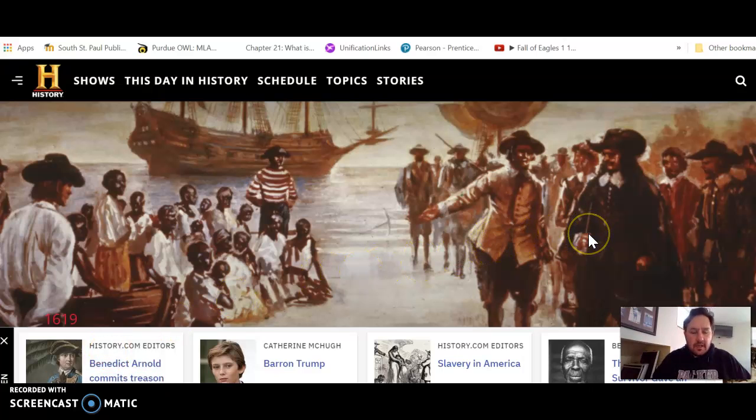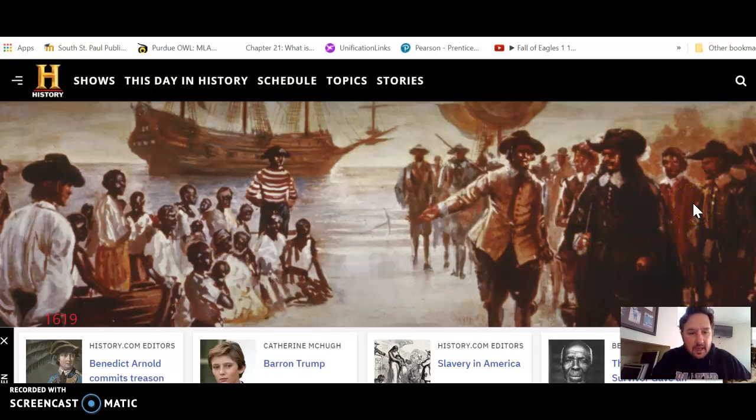1619. The image that you're seeing is an image of the first African slaves arriving in the New World, and that was in 1619. These Africans were technically indentured servants. They had been kidnapped by Portuguese slave traders, although most of the people on the ship died, and that wasn't uncommon.